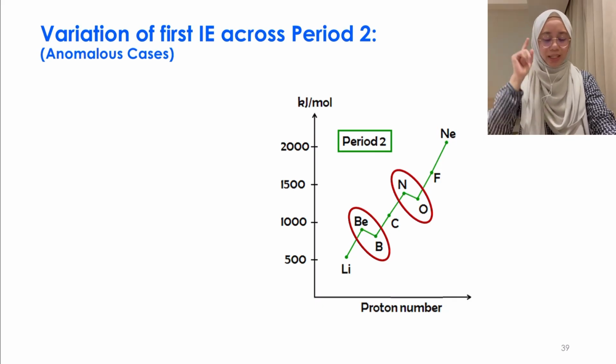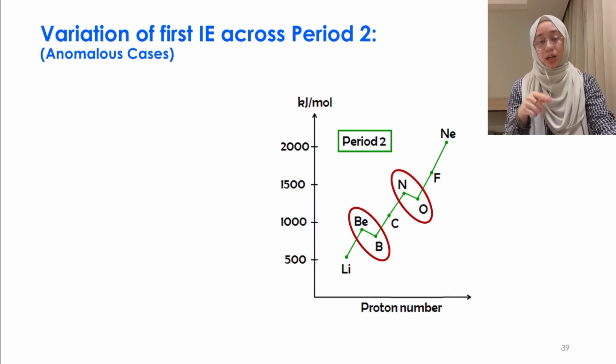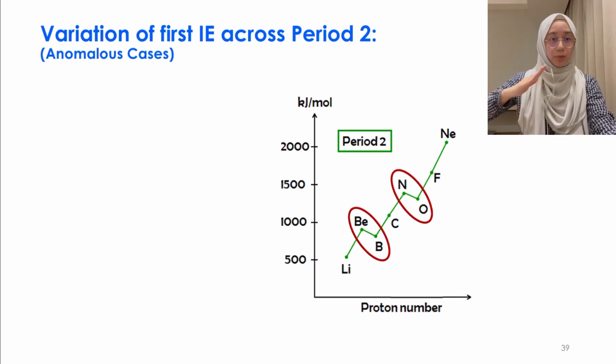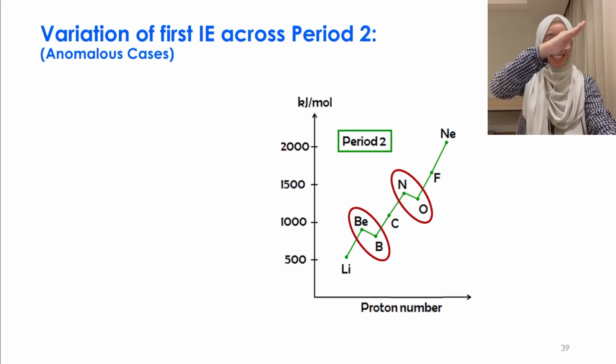Okay, so as you can see from this particular graph here, supposedly we are expecting going across the period the ionization energy increases.